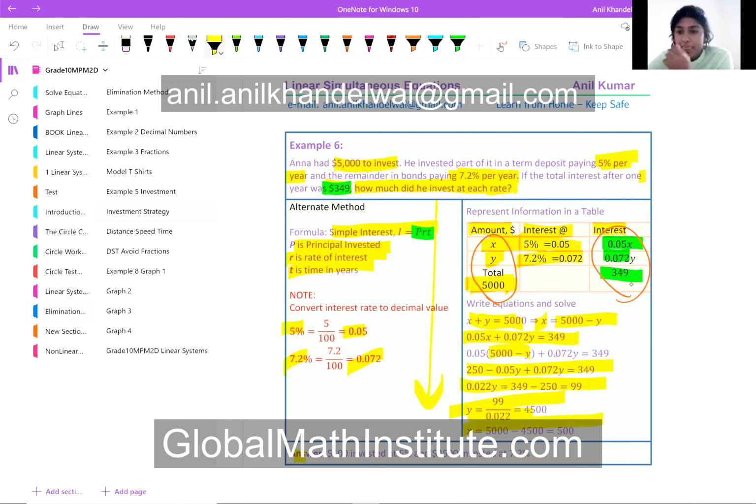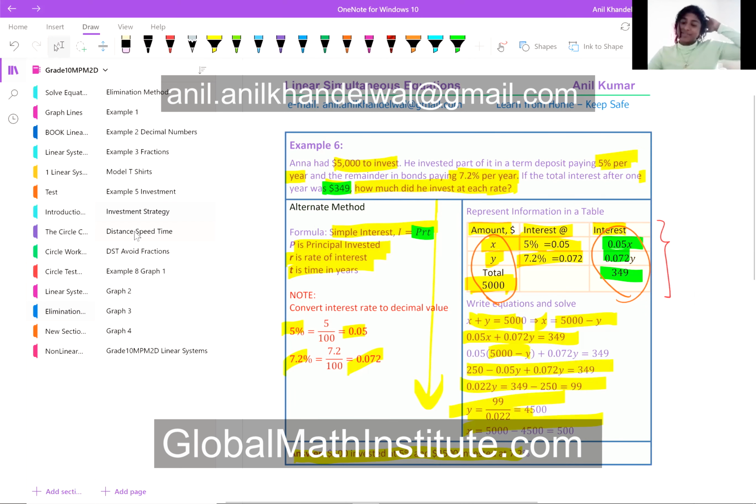Is that clear to you? Yes. So the hybrid approach is, I think, the better approach. That is to say, we have to use this particular table and the method of elimination, right? Is that clear to you? Yeah. That way, I think you'll get the most efficient solution for the given situation. Is that clear to you?